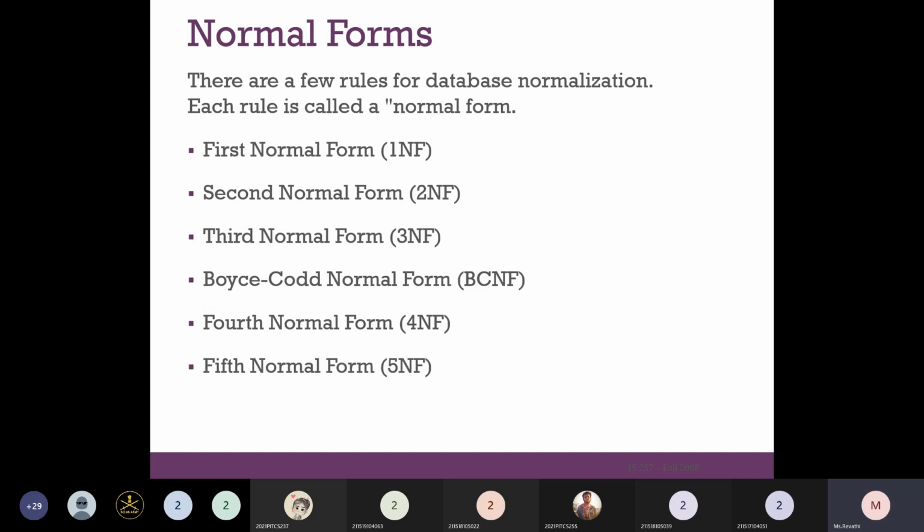In a database we have several normal forms. It starts from first normal form, second normal form, third normal form, then comes Boyce-Codd normal form, sometimes known as 3.5 normal form. Followed by Boyce-Codd normal form, we have fourth and fifth normal form. So this is the hierarchy.